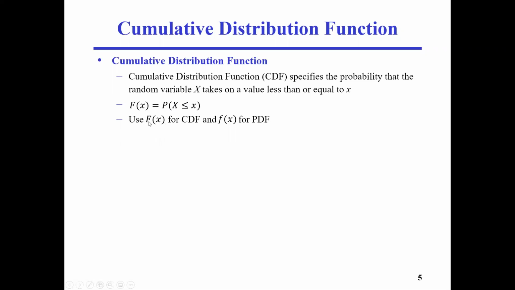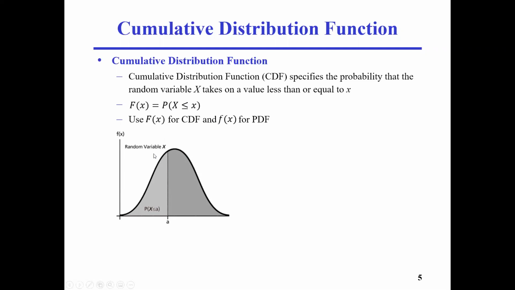So we use uppercase F for CDF, and the lowercase f(x) for PDF. So here is a curve for PDF. So lowercase f, right? So random variable x, and if you specify a specific value a, then the shaded area on the left side of a is used to address the probability that x equals or smaller than a.